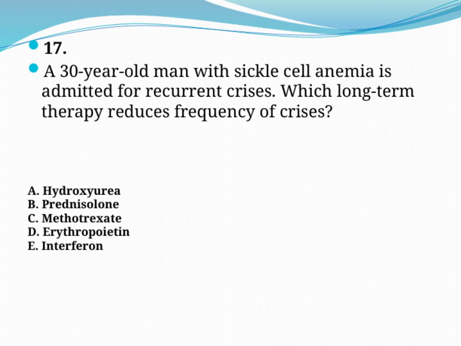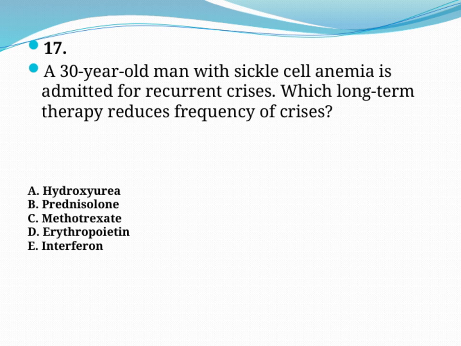Now, prednisolone, which is a corticosteroid, can be useful in acute settings, but it's not typically used for long-term management to prevent crises. Methotrexate is more associated with autoimmune conditions like rheumatoid arthritis, so it's not relevant here. Erythropoietin stimulates red blood cell production, but it doesn't specifically reduce crisis frequency in sickle cell disease.